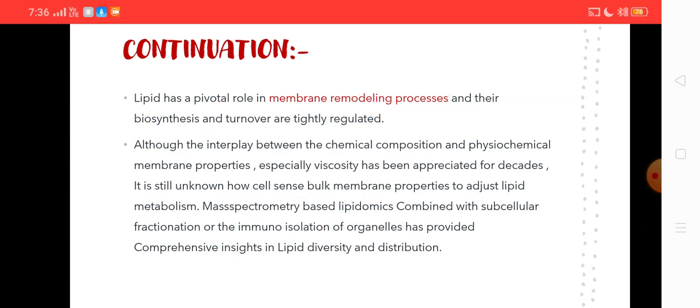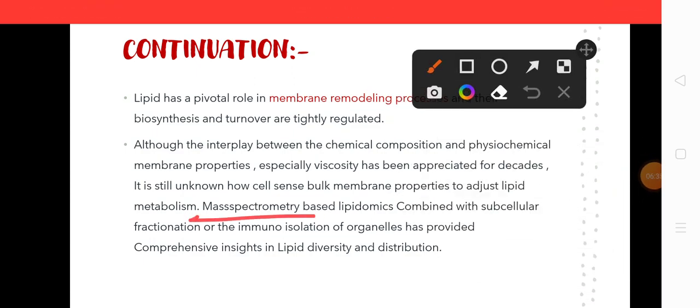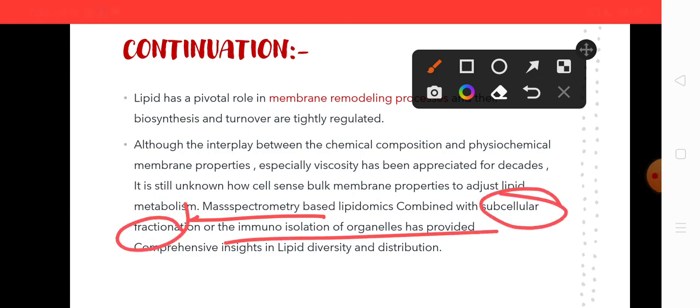And for understanding those kinds of things, we have used several types of technologies, for example, mass spectrometry along with subcellular fractionation, also immunoisolation of organelles, that have provided us the insight of lipid diversity and distribution. They have told us how much lipid a eukaryotic cell and organism has and their diversities, and how a eukaryotic cell has a gradient of lipid depending upon their needs.